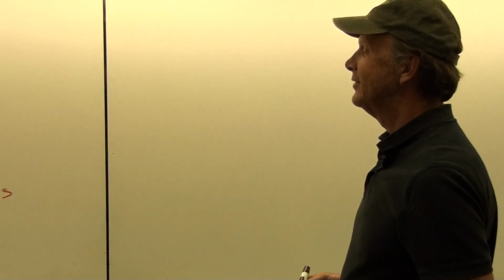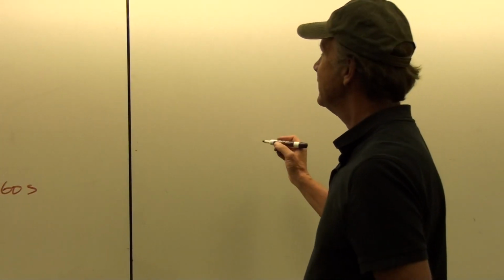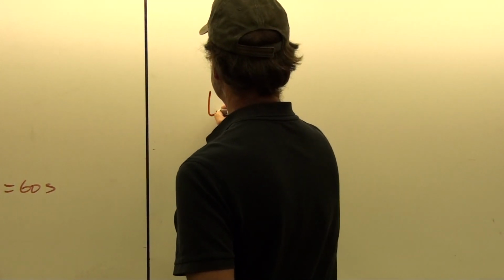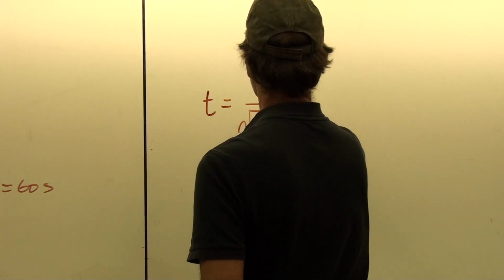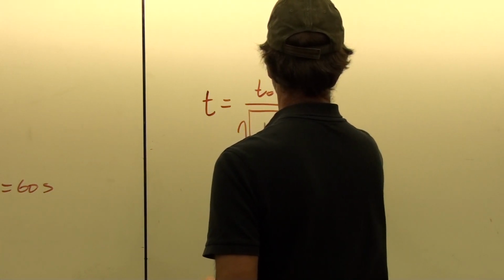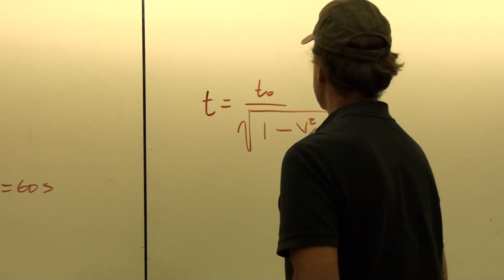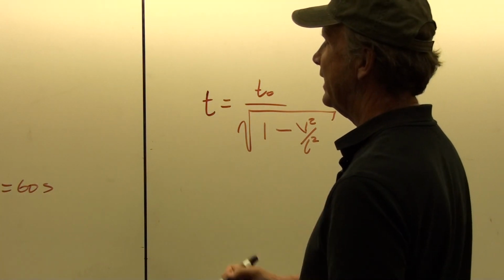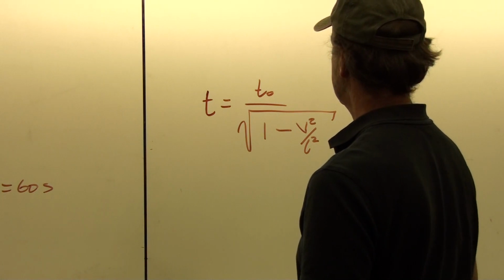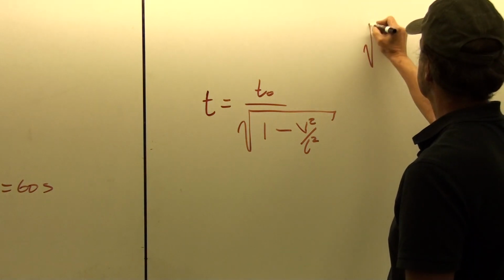Okay, so let's do this now. We'll say t is equal to t naught divided by the square root of 1 minus v squared over c squared. Now we're going to plug in for v, 0.8c, and t naught is 60 seconds. So let's do the square root part first.